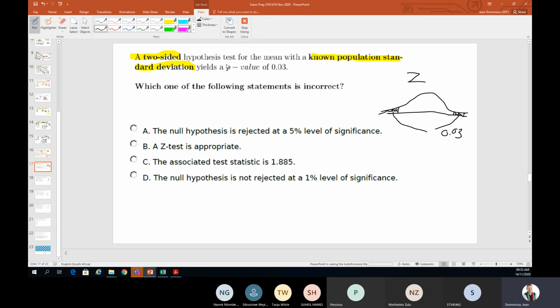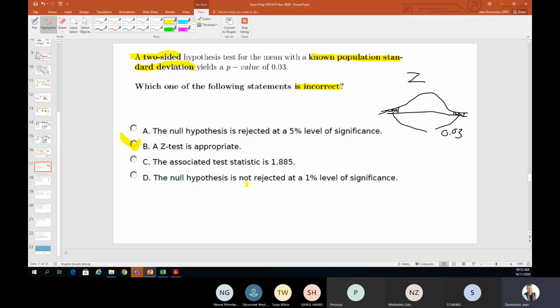So let's see, the incorrect one. The null hypothesis is rejected at a 5% level of significance. A Z is appropriate. Okay, that's the easier one. We did identify that the Z was appropriate. The associated test statistic is that, so we'll check.